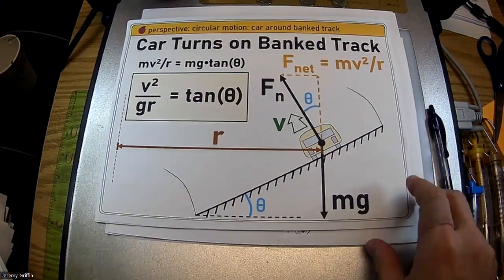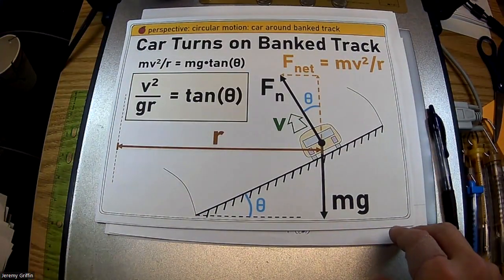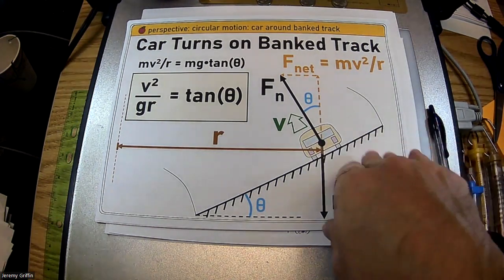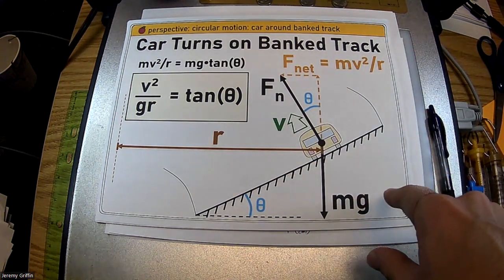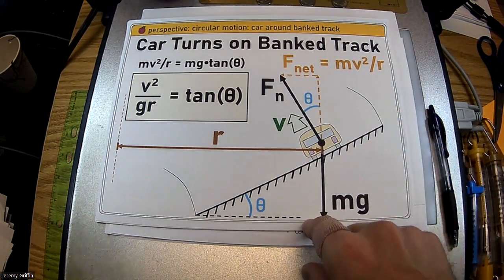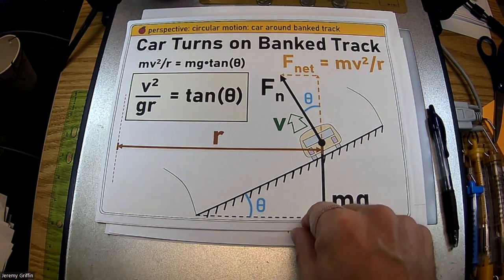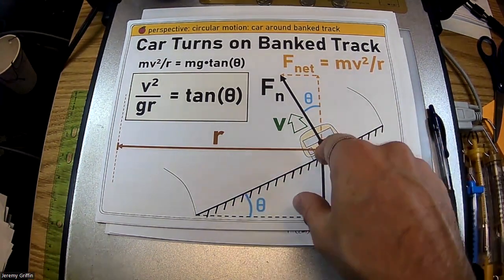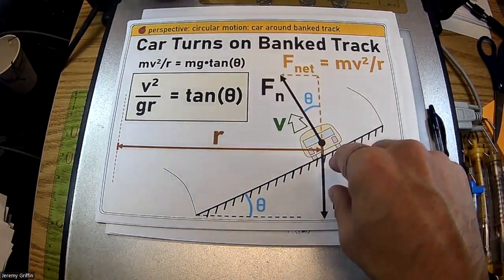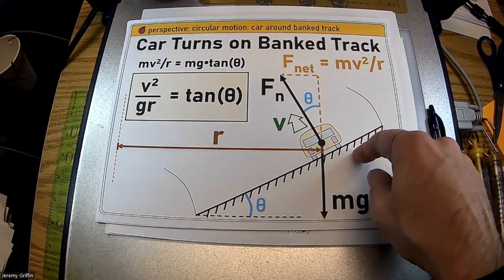Oh, hey, a car turns on a big track. That was the example I just gave you. Suppose you're exiting I-95 or getting on 95. Some kind of curved track. You have to make a curve. If you were a road engineer, suppose you thought this might be an icy road, and so you wanted cars to be able to make the turn without any friction. I'm showing no friction here.